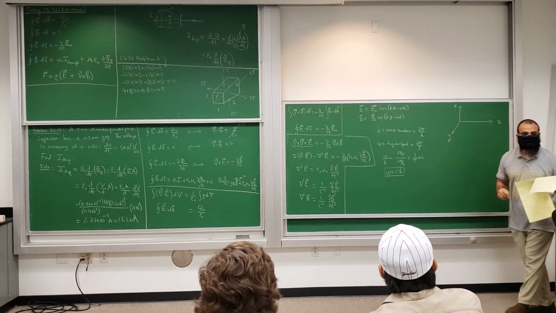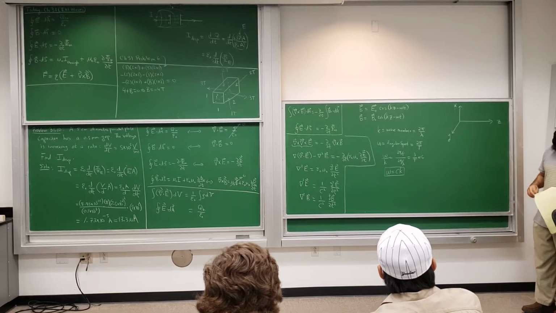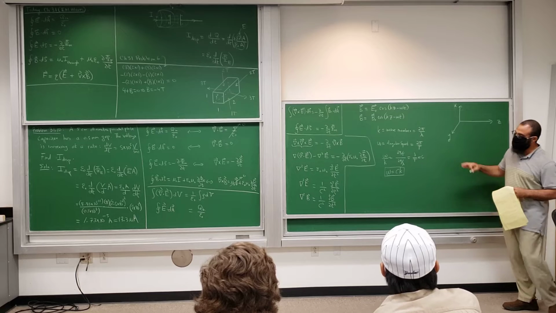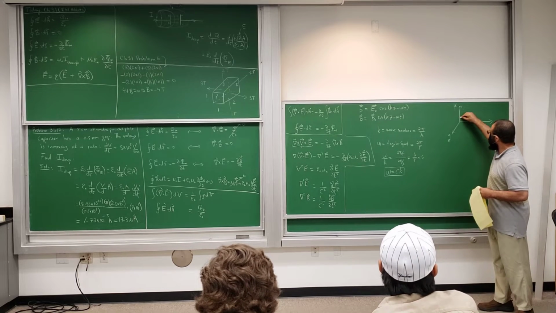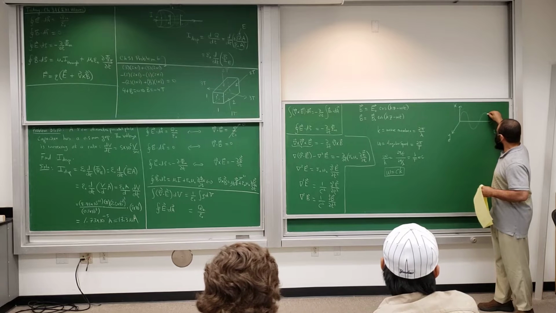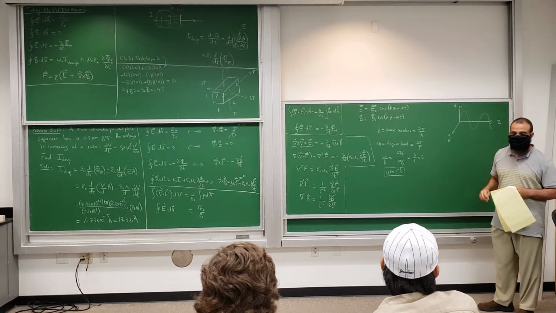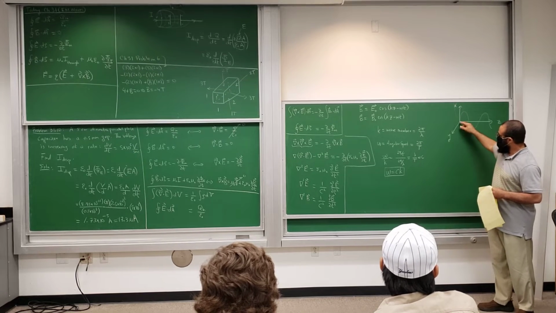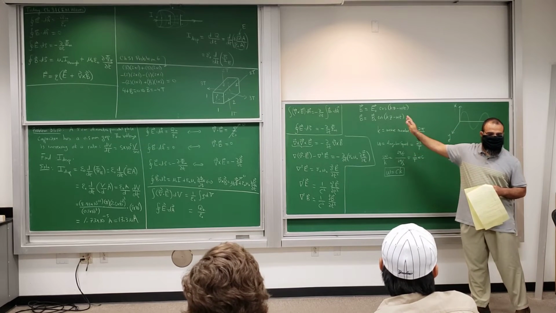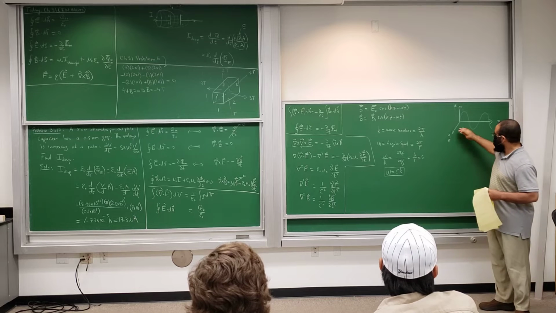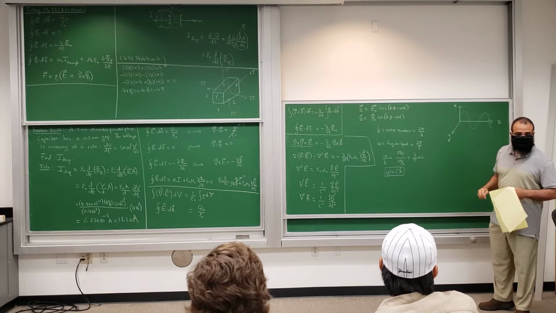Let's say my electric field only has an x component, just for the sake of simplicity. Here's my electric field. My magnetic field will have a y component, because of the curl relation between them. If one of them has x, the other one will have y, and the propagation is in the z direction.